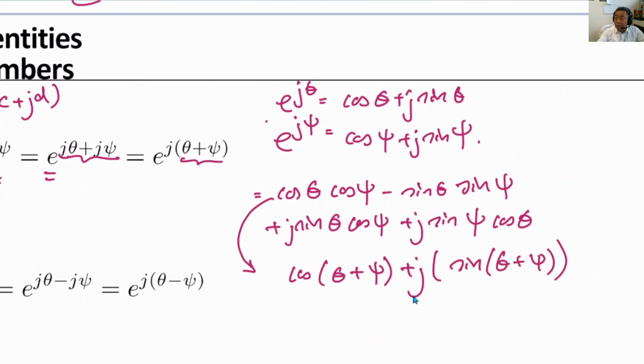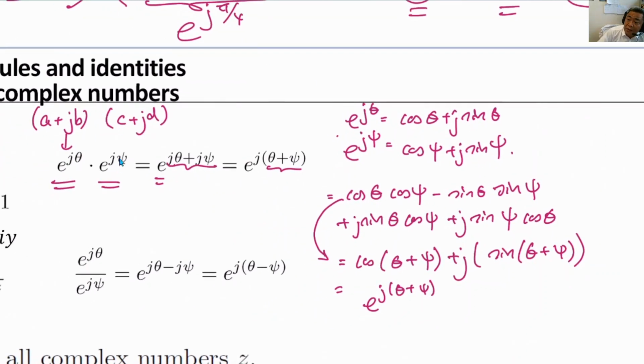So look up your sum of trigonometric identities and you'll get this. And of course, once you recognize this form, isn't this e^(j(θ+ψ))? So the take-home message is this: when we are multiplying complex exponentials together, the angles will add.